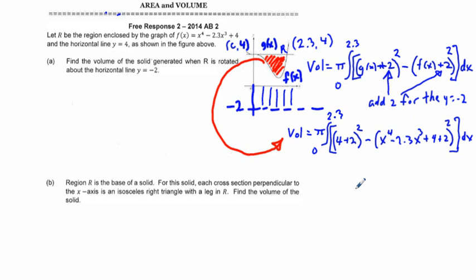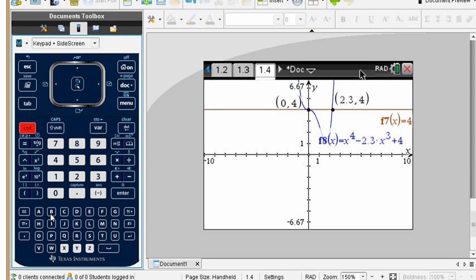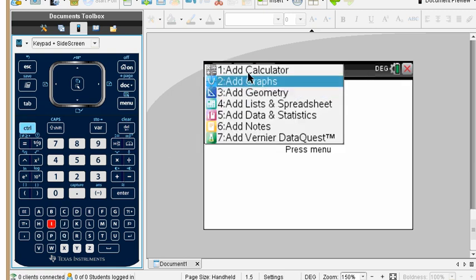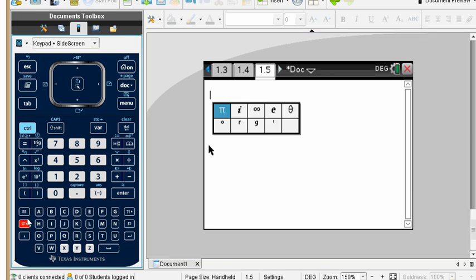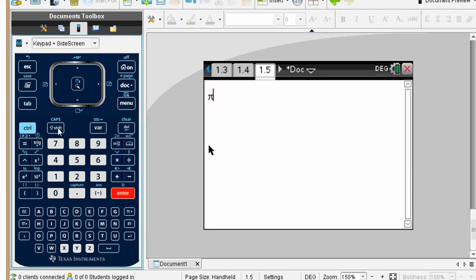Now we go to our calculator again, and this time we get a calculator page. Control-I, add calculator. We are in degrees, which is inappropriate for a calculus class, but that's not going to detract us in that. I don't think we have a trigonometric ratio. So we're going to go to pi. And then the integral hotkey is going to be shift plus sign. And we're going to go from 0 to 2.3. And then we have open parentheses. I'll put 4 plus 2.